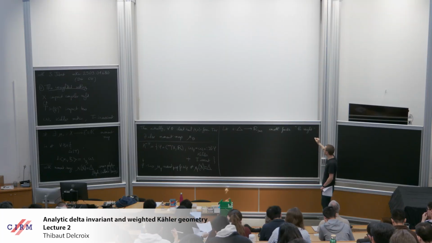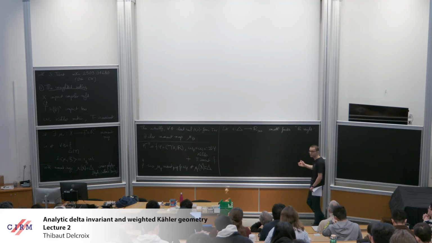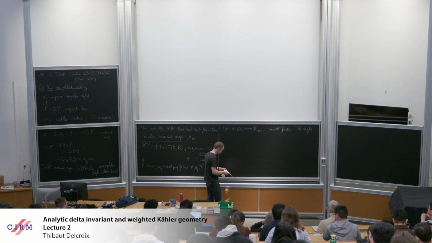So I introduce this function. I fix one smooth function with positive values defined on the moment polytope. And then from this, I'll consider a variant of Kähler geometry, which is as follows.